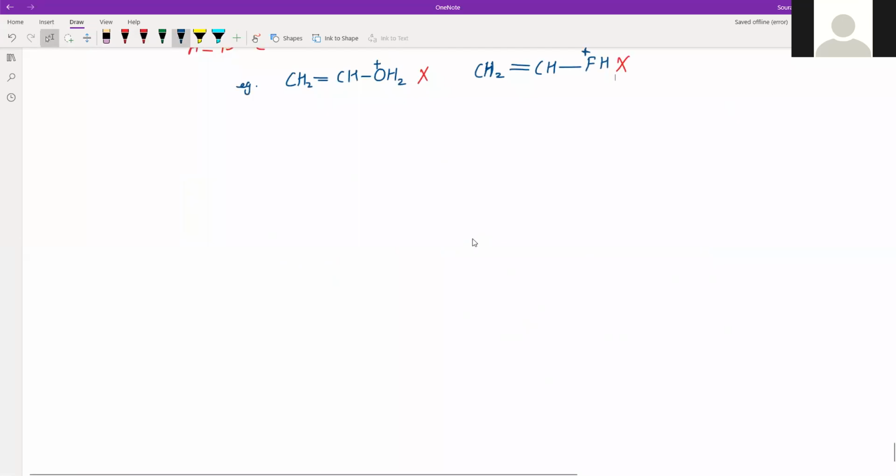Next point. What is the next point? All the resonating structures must have the same number of paired electrons and the same number of unpaired electrons if they have any free radicals.